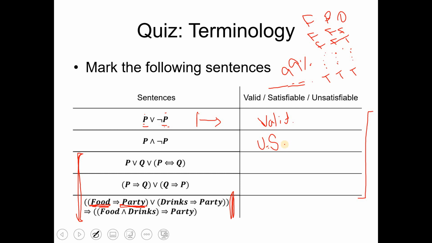Others you have to solve to check. Always when you want to check validity, satisfiability or unsatisfiability, you have to create the complete truth table. And please don't take these questions easy. It is a confirmed exam question, and in every exam I see many students doing it wrong.